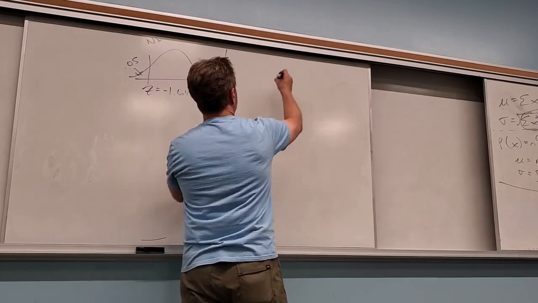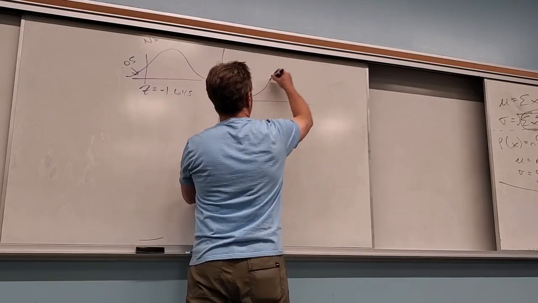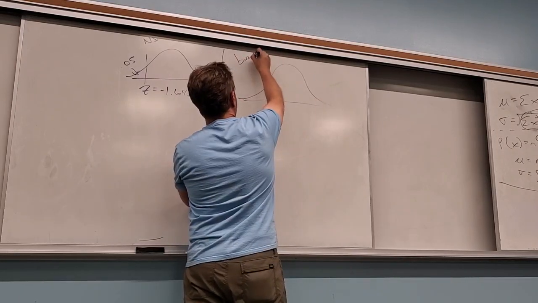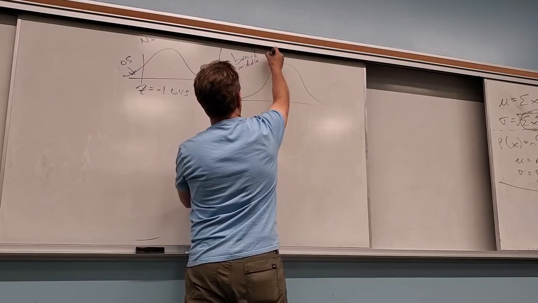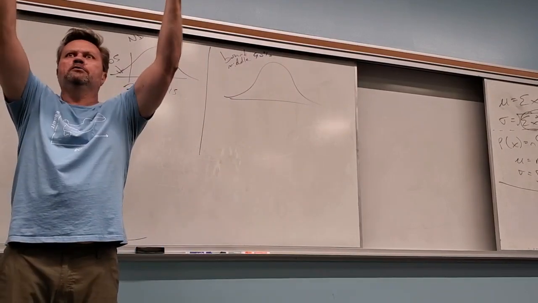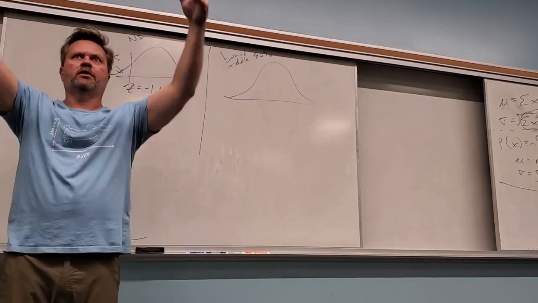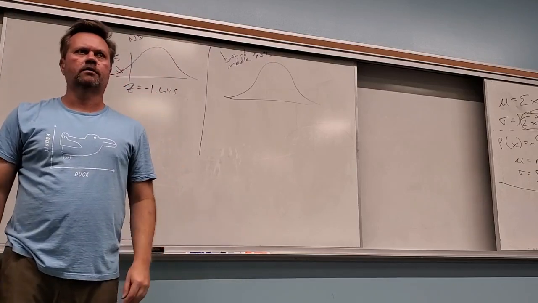Now, look at this same result. I want the two Z-scores that bound the middle 90%. Can you draw that? I want them to chop it with 90% in the middle.